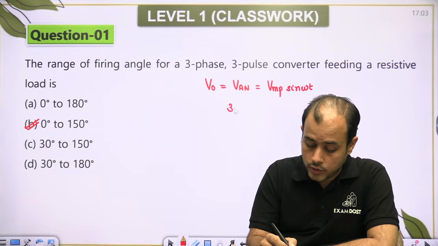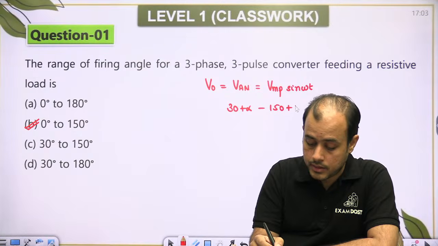Now this was from 30 plus alpha to 150 plus alpha.